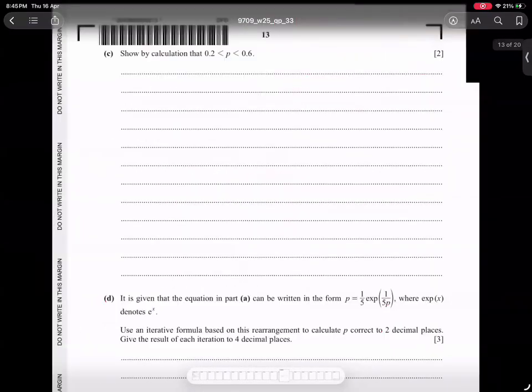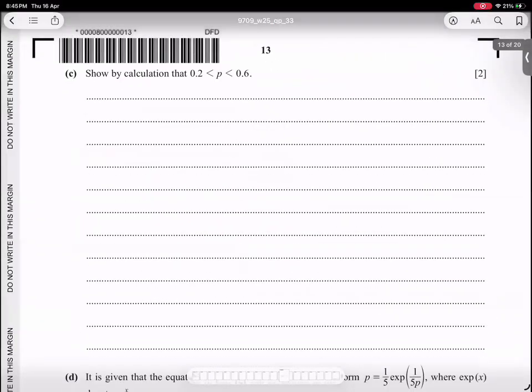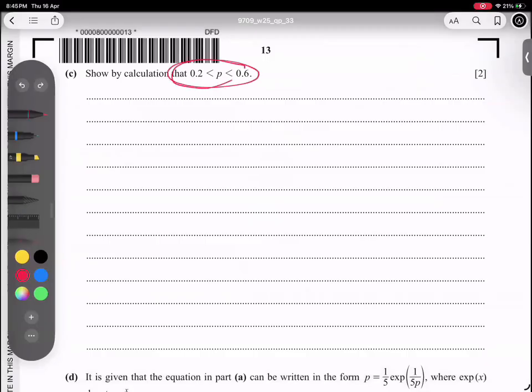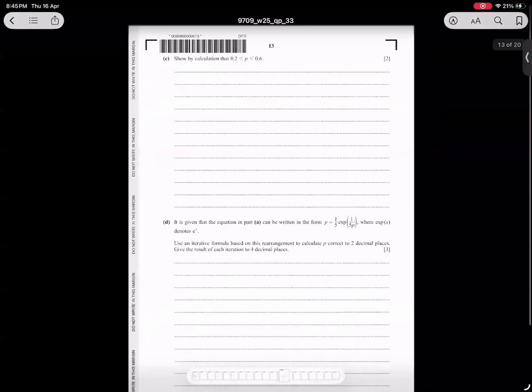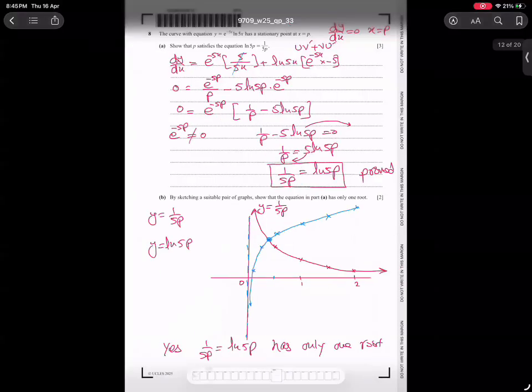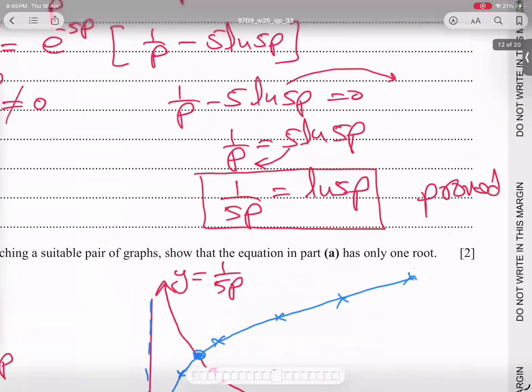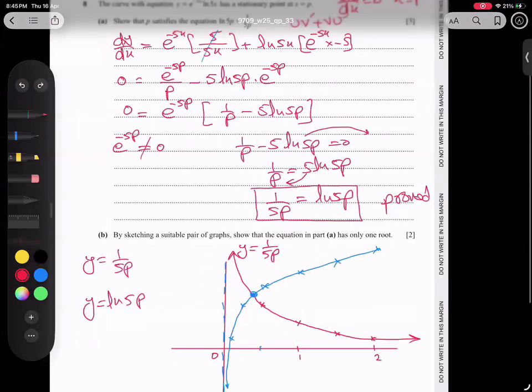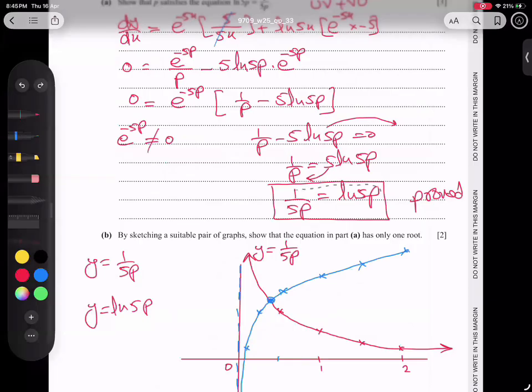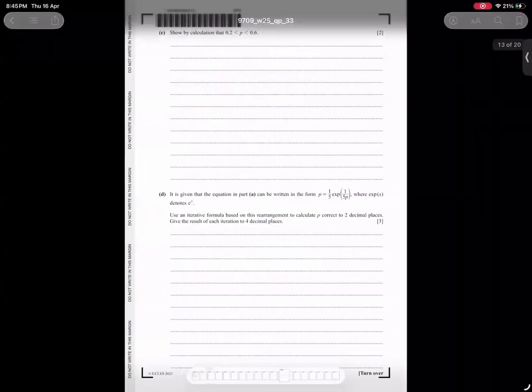The next part is asking almost the same story. You can see from here the root lies between 0.2 and 0.6, by calculation. So what I will do, students, is take this equation. Two options, bring it here or bring this here, both are okay. I'm shifting this to the next page, copying from here and pasting here.